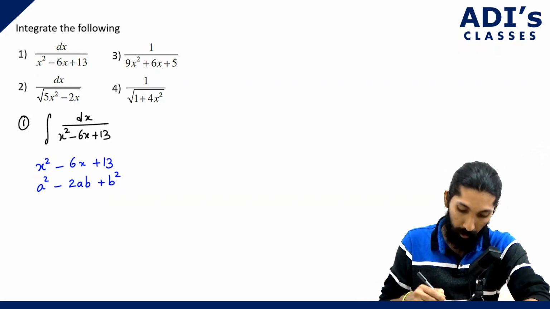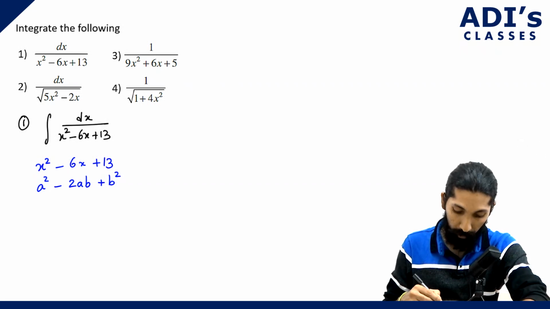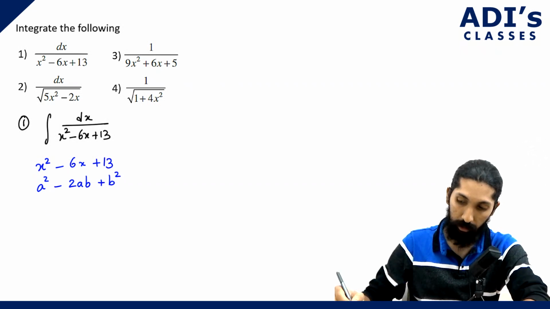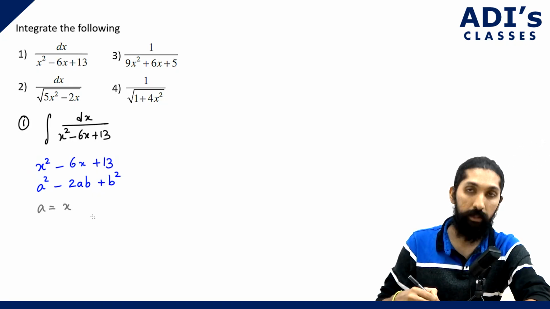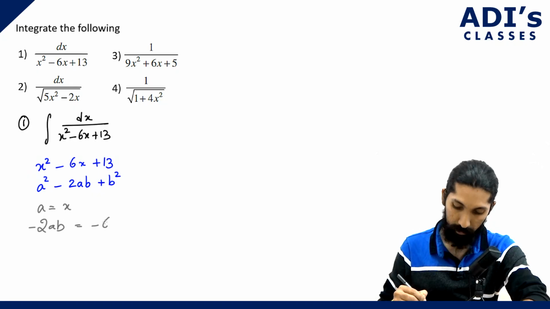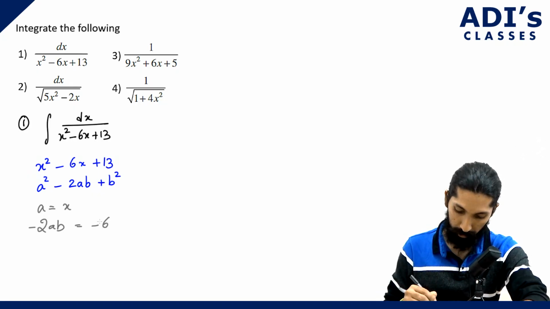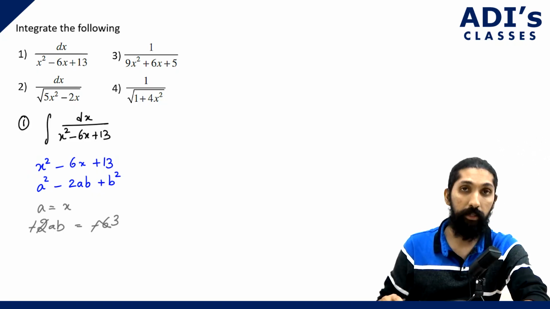Now, what is there in place of a? If you compare, a value is nothing but x, correct? a is x. Now, minus 2ab is equal to minus 6, correct? So minus minus cancels, and we get 3.